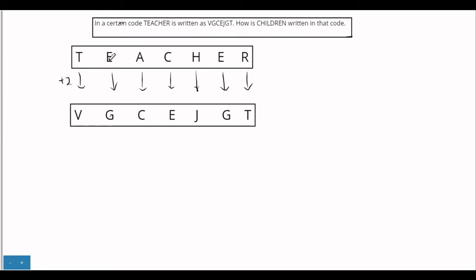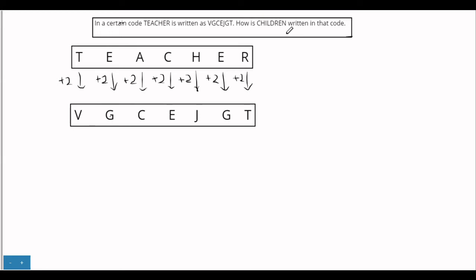Now, for E, we could do the same thing. If we add plus 2 for E, we would get G. E, F, G. And it works for all the others as well. A, B, C, H, I, J, E, F, G, and R, S, T. So we know that it works.